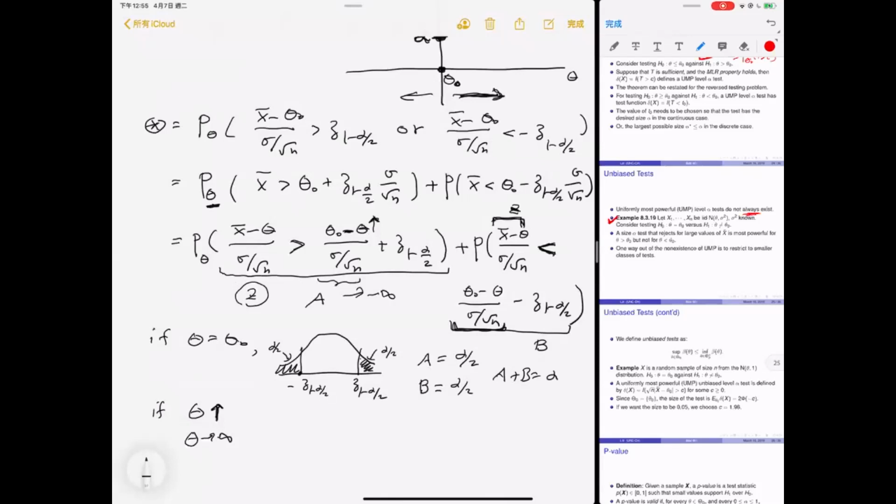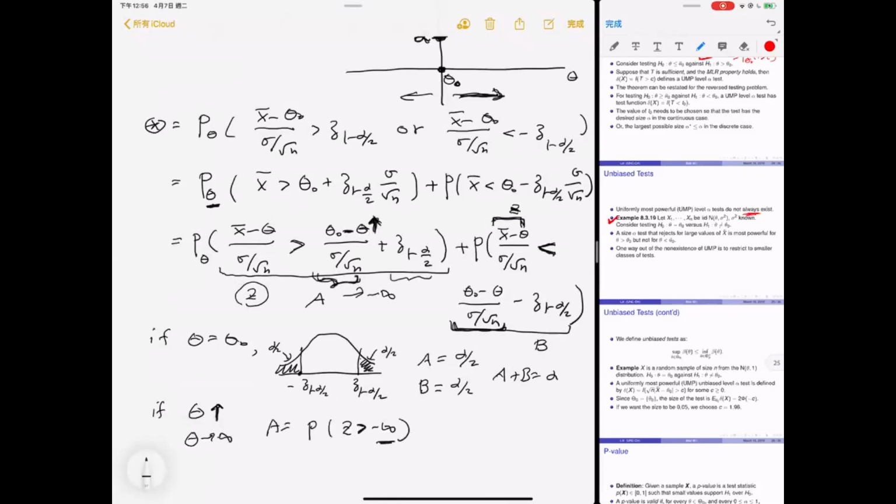So that means A would become like the probability of Z bigger than minus infinity when theta keeps going. The whole quantity goes to minus infinity, and then this other term is not important anymore, it's constant.